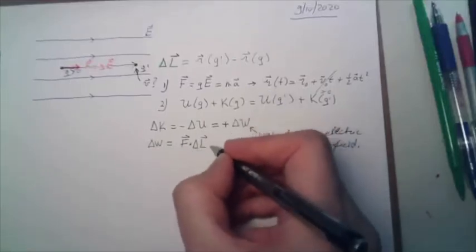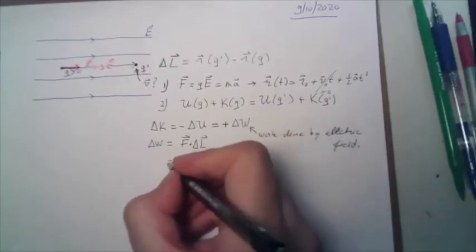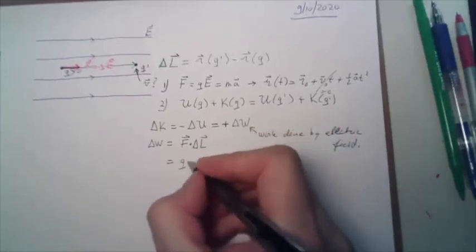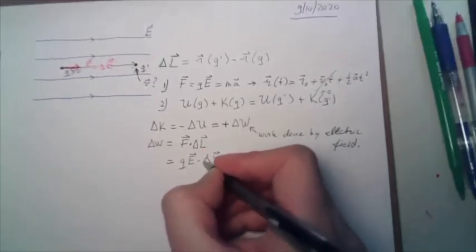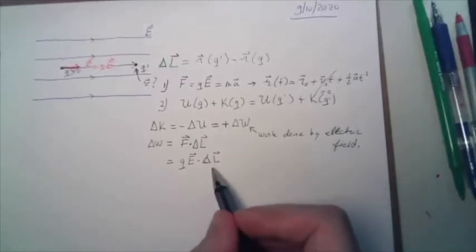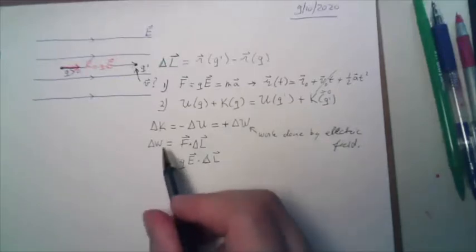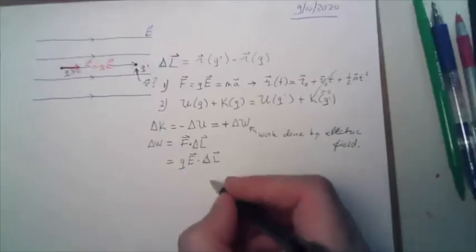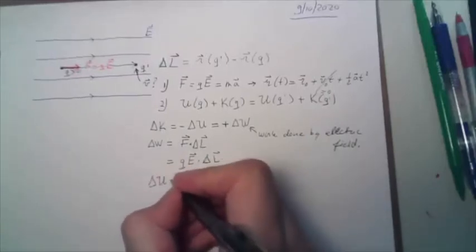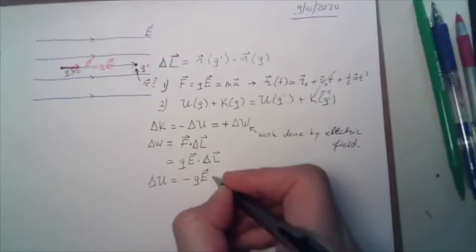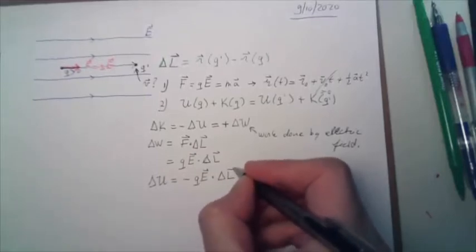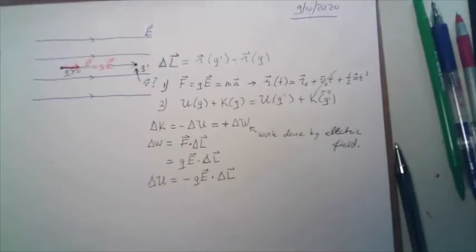Now, we know what F is because it's Q times E. So we have Q times E delta L, and then we have our delta W. Now we have our delta U. So therefore, our delta U is minus Q E delta L.